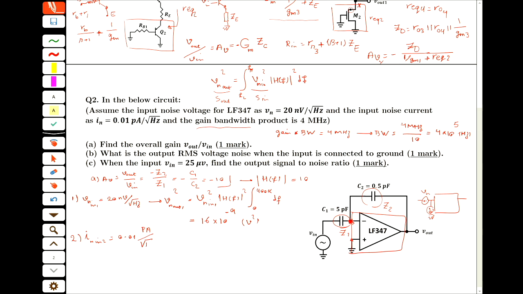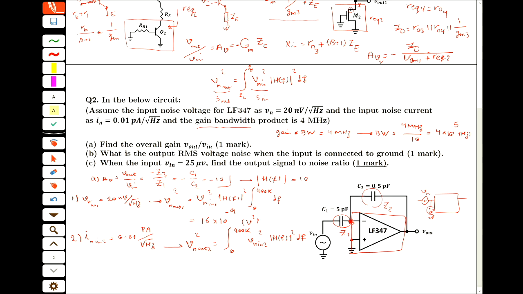And then again Vn out 2 equals again the integral from 0 to 400k of Vn in squared times H(f) squared df.